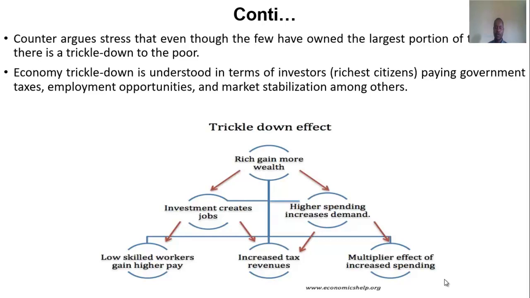Those rich people supply finished goods to the market, and they can stabilize it in different ways, through employment opportunities or higher spending. There is the spillover effect. The spillover effect is economic development, and the control of the resources by the few doesn't matter. This is the heart of the argument in this category.